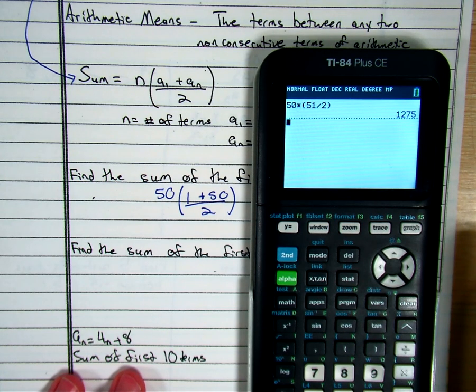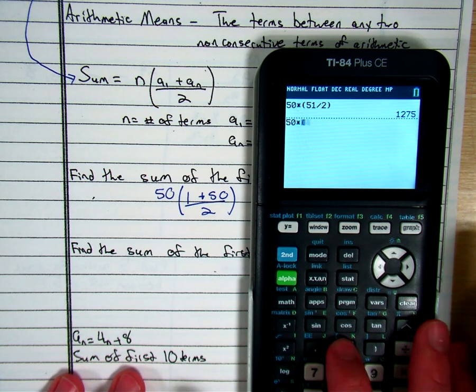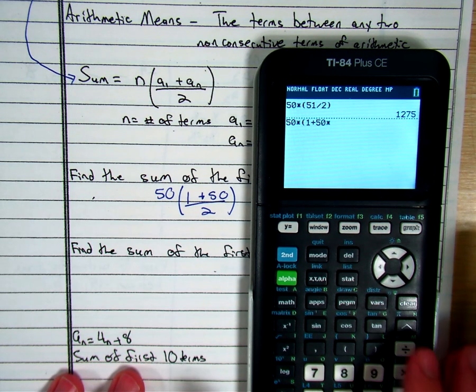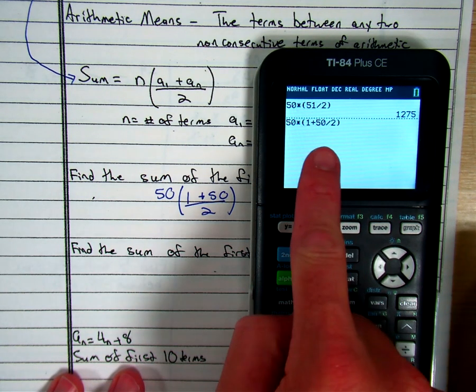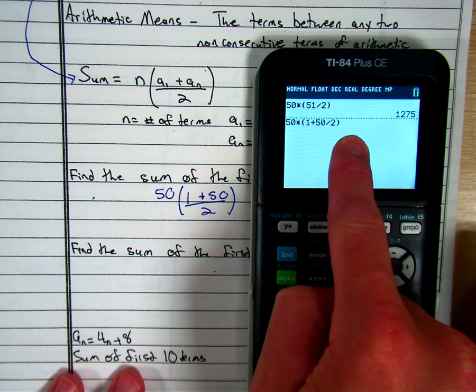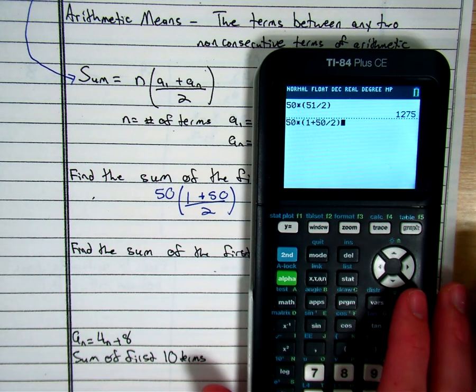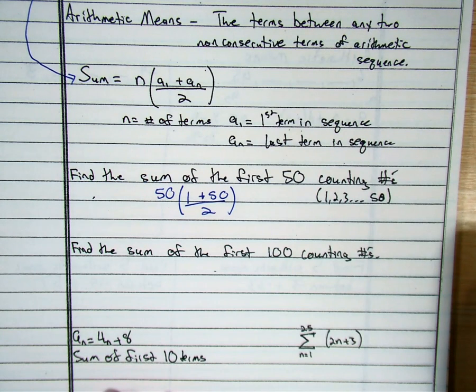But what we can't do is 50 times parentheses 1 plus 50 divided by 2, because that is going to do 50 divided by 2 for 25, plus 1 is 26, and then times the 50. That is not going to work. Okay? So we got 1275.